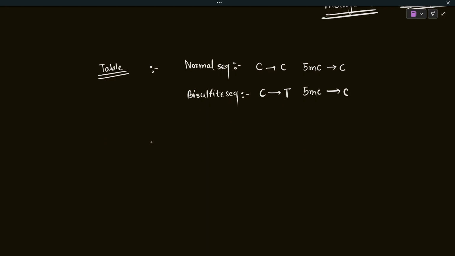Whenever for a DNA strand you carry out both sequencing reactions, normal and bisulfite sequencing, by comparing the results you get to know whether the cytosine is methylated or not.